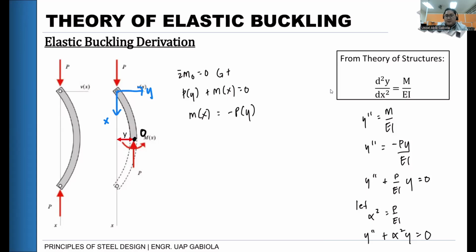And then kailangan kunin natin yung solution niya para makuha natin yung value ng P na kailangan natin. Pero since this is not a differential equation class anymore, we need to get the solution.